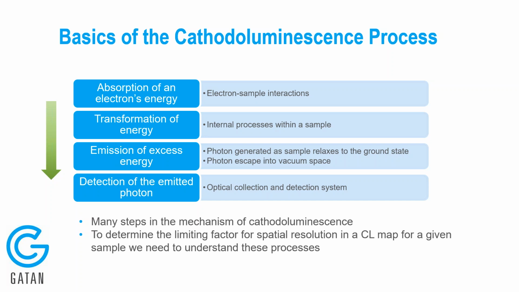That photon gets emitted from the sample and escapes into a vacuum space for us to be able to detect. So there are many different steps and processes that take place in order for us to release a photon of light for us to be able to detect in our detector.